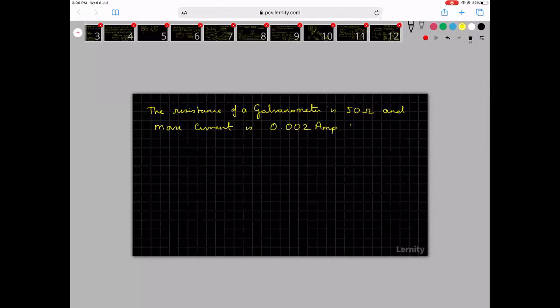What resistance must be connected to convert it into an ammeter of range 0 to 0.5 ampere?